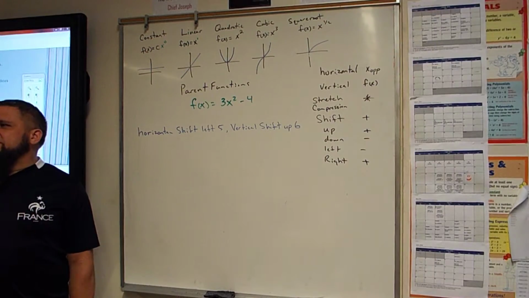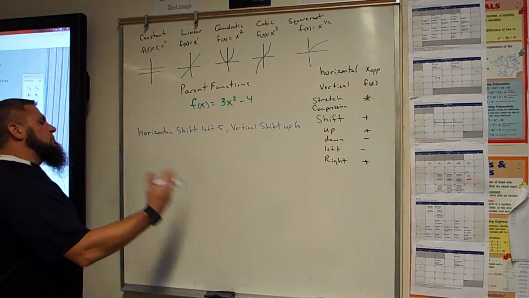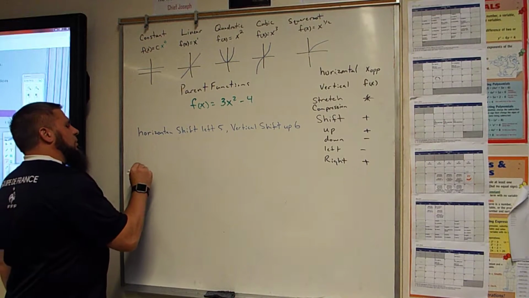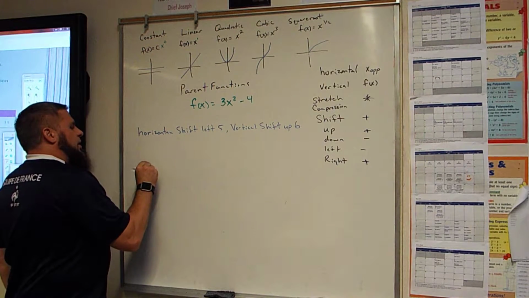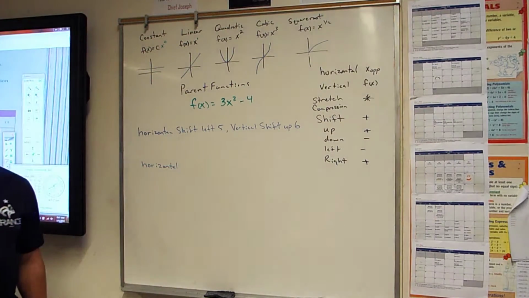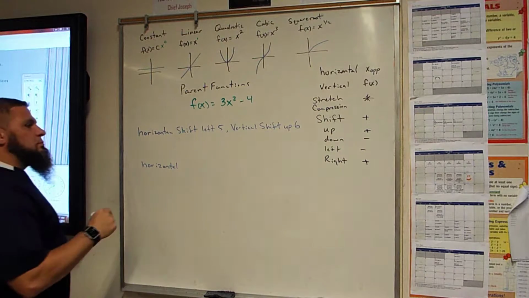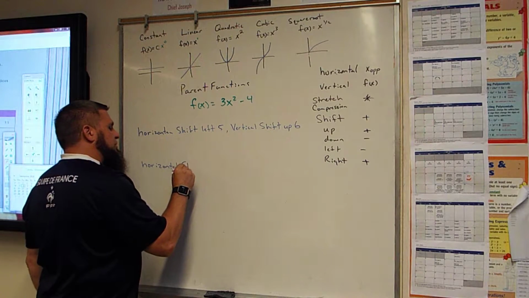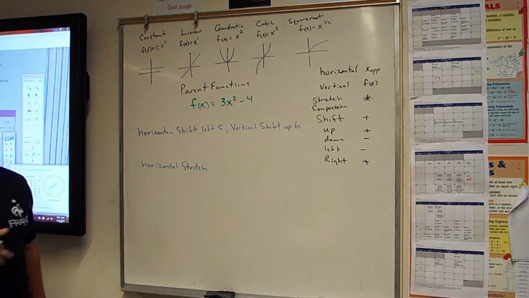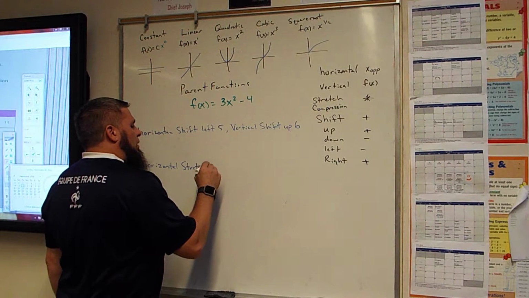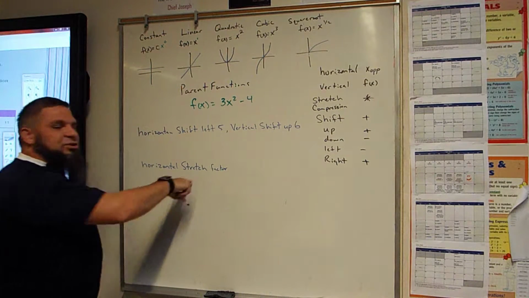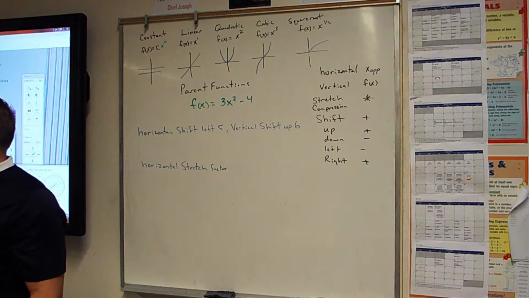Well, let's not stop there, right? Because that's too easy. 2 things, that's too easy. Let's keep it going. How about also a horizontal stretch with a factor, and because it's a stretch, it has to be more than 1, right?